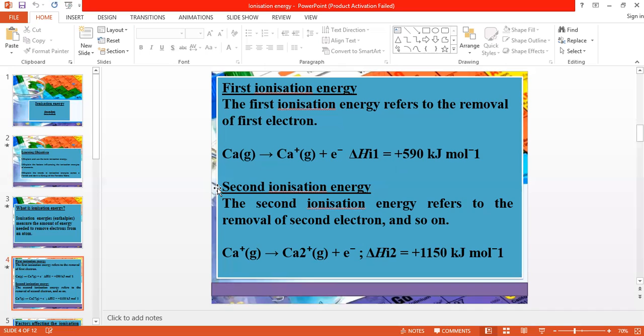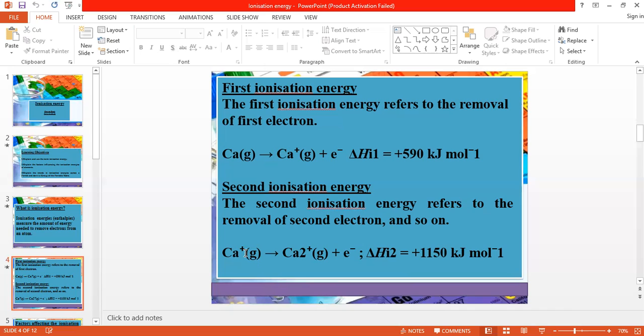The only thing to understand here is the concept: for first ionization energy, we remove an electron from a gaseous atom. Keep in mind, gaseous atom. But for second ionization energy, we are going to remove it from gaseous ions, because it is positive here. It means from calcium we removed one electron, and we are going to remove again from the same species.